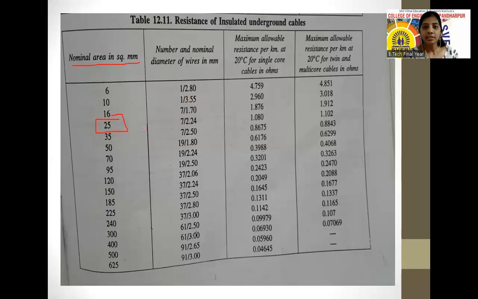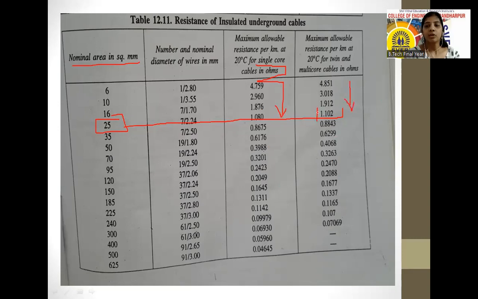Next, we selected this size of the cable. Now we have to check the resistance per kilometer. How do we check the resistance per kilometer? For single core, we have to refer to this table column, and for multi core, we have to select this column.